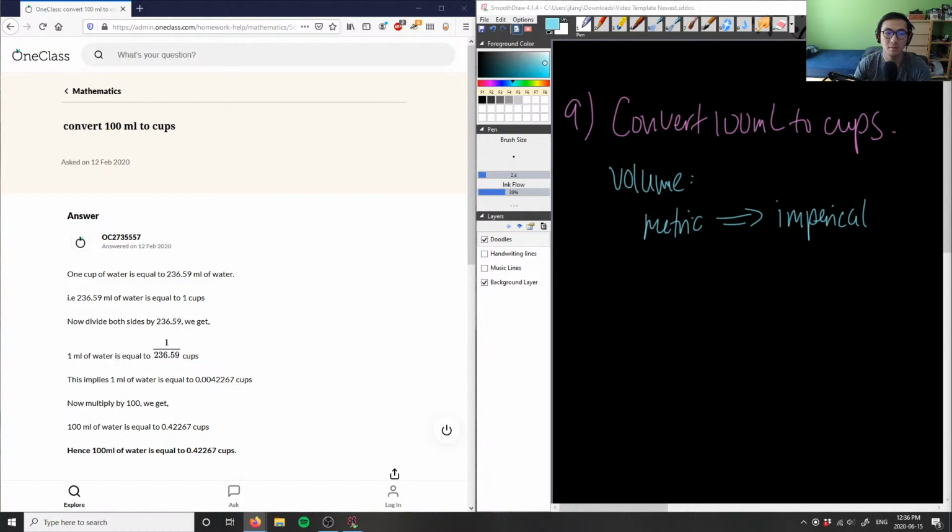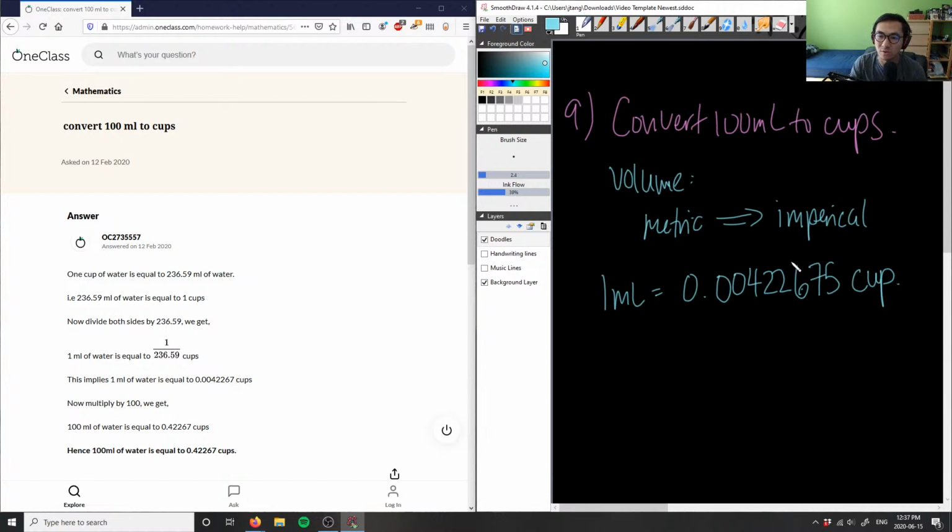So we can say in terms of our conversions, that 1 milliliter is equal to 0.004222675 cup.